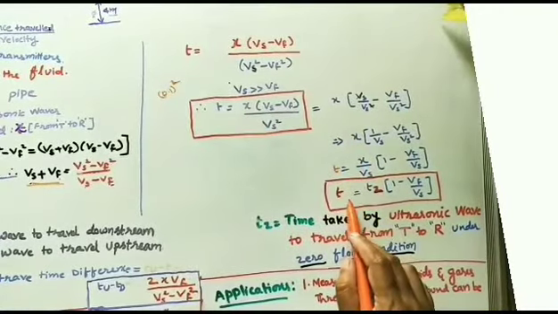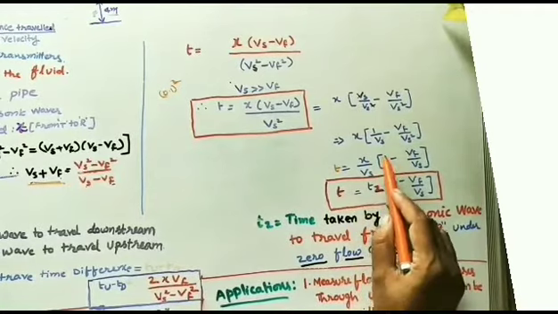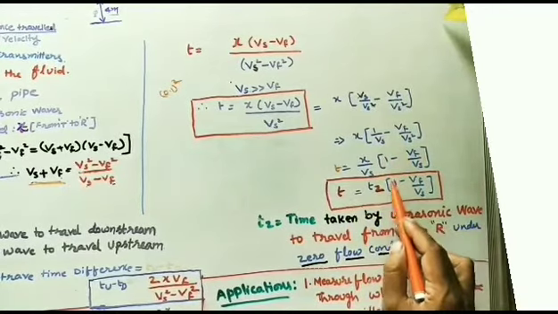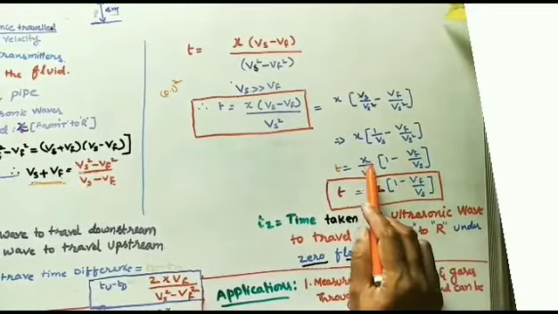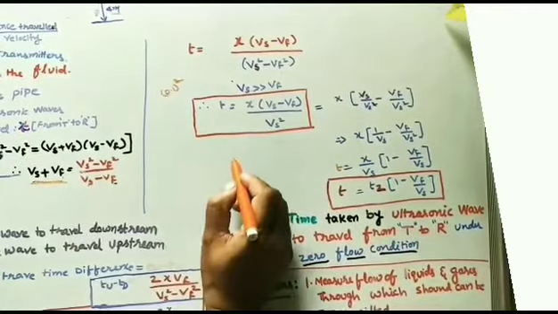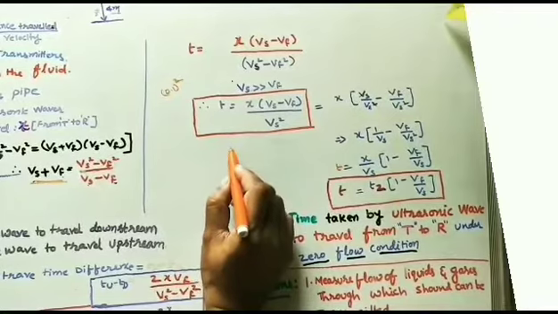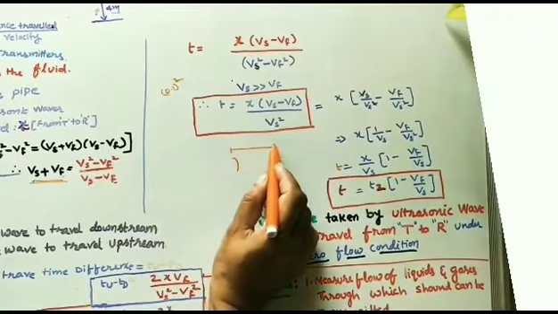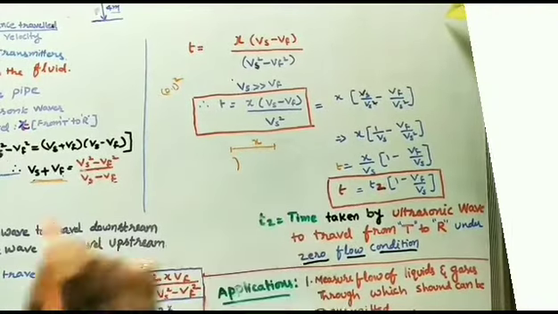Time is equal to, so I am keeping this term as it is, what is this x by Vs? x means the wave is traveling from one place to another place, x distance.